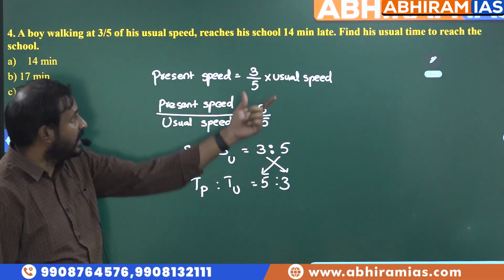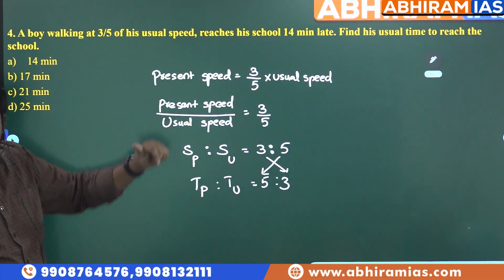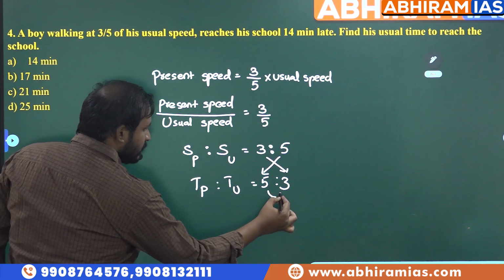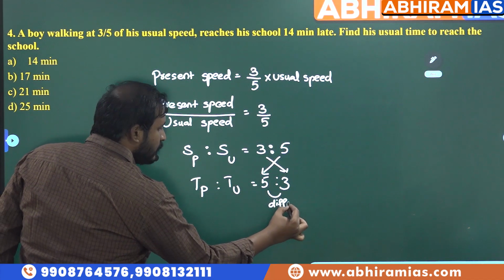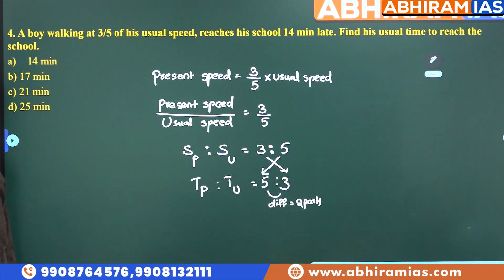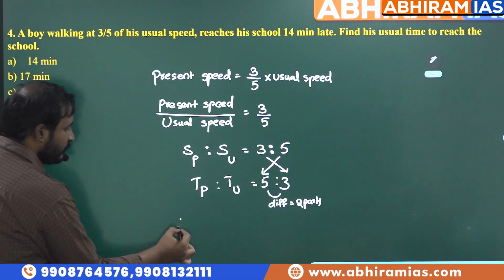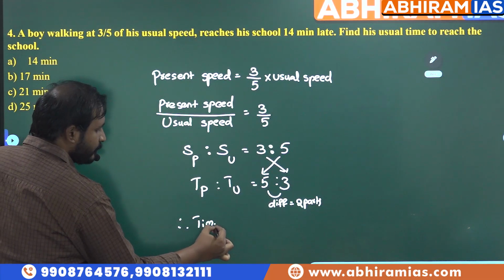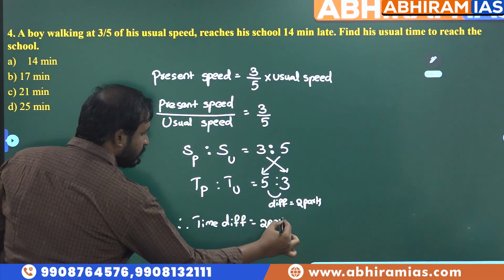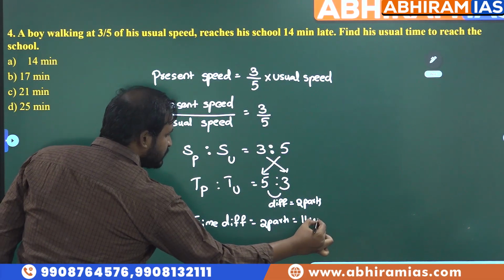What is the difference in the ratio, students? 2 parts. And what is the time difference in going to his school? 14 minutes. So the difference is 2 parts, and 2 parts is given as 14 minutes. What is the question, students?